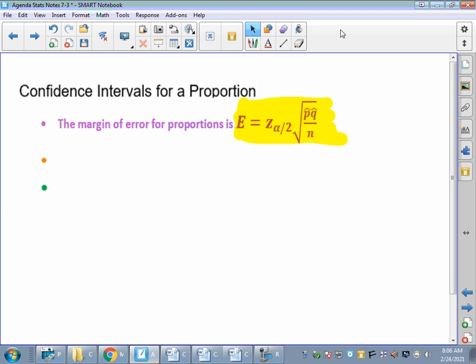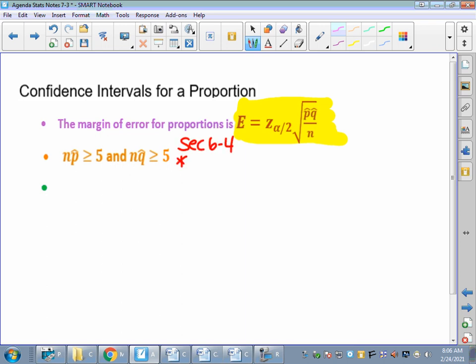Again, sometimes the calculations are harder than putting everything into the formula. We do need to make sure that n times p hat is greater than or equal to 5 and n times q hat is greater than or equal to 5. Basically, I don't know if you remember section 6.4, but we are really just checking to see if this is a normal distribution.